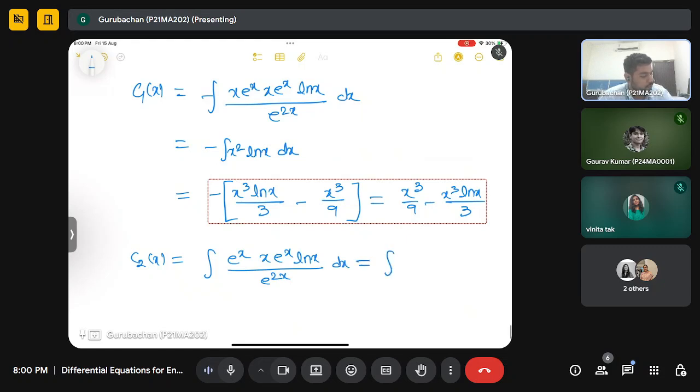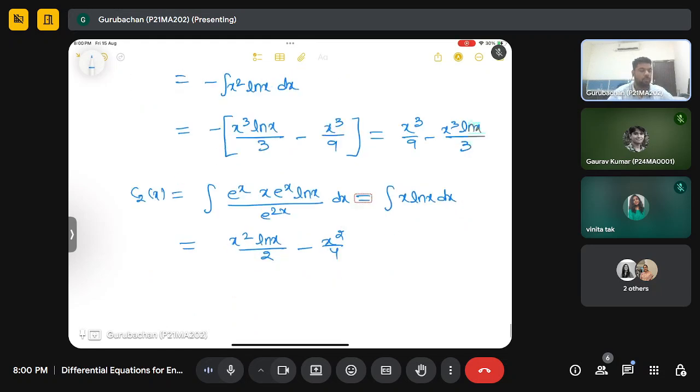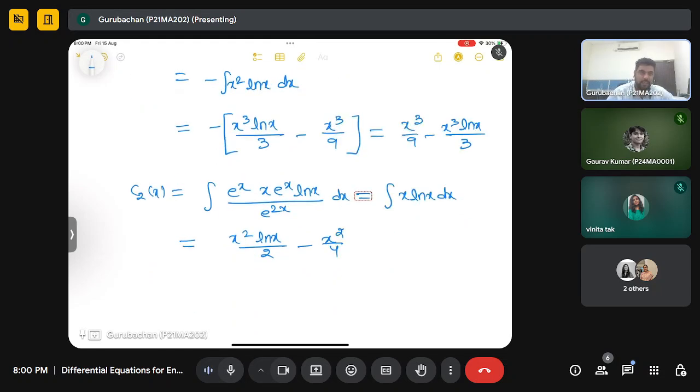So this will give you x ln x dx. So its integration is x square ln x by 2 minus x square by 4. So you got C1 of x and C2 of x.